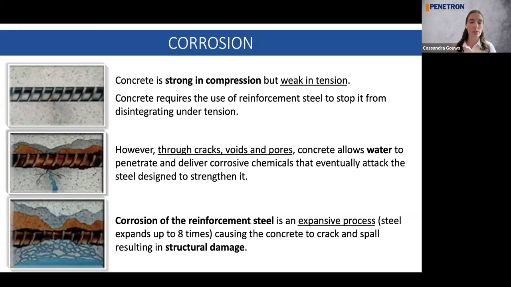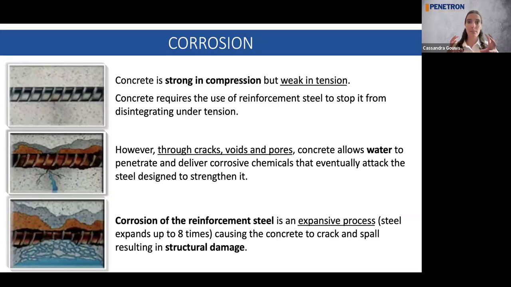So concrete is strong in compression, but it's weak in tension, and that's why we add reinforcing to our concrete. Now, the concrete is porous and permeable by nature, allowing water, chlorides, carbon dioxides, and various other elements into the concrete. And when that happens, the pH of the concrete lowers. Once it gets to about 9.5 and lower, that's when the passive protective layer around the reinforcing starts to get eaten away, and that's when your steel starts to rust.